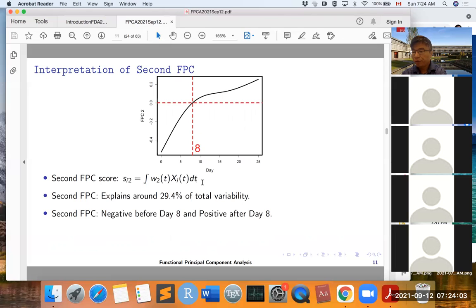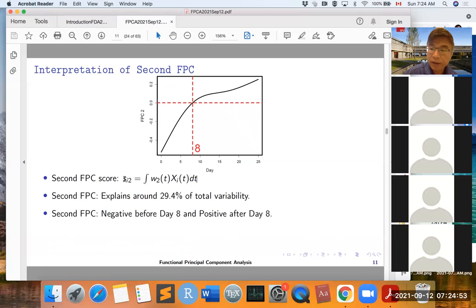You can think about how we interpret the second FPC. Okay, 30 seconds. Any volunteer?